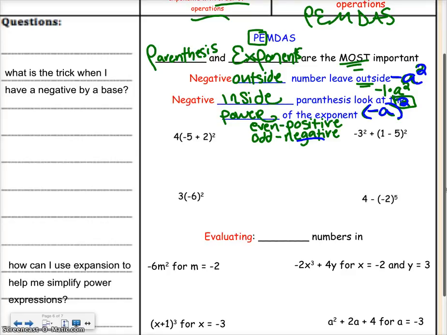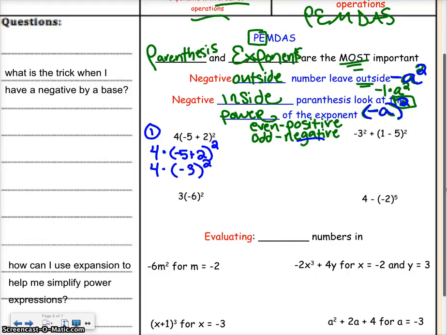When I see a number sticking to the outside of parentheses, like this first example here, I expand it out. So I write this as 4 times negative 5 plus 2 squared. That helps me know the 4 is on the outside of it. It's being multiplied, so it's less important because I need to take care of parentheses and exponents first. This turns into 4 times negative 3 squared.